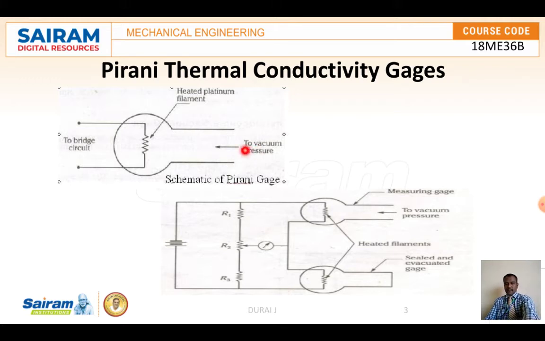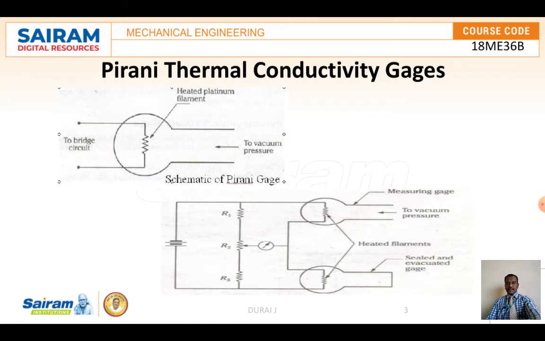Whenever the vacuum pressure is supplied, the temperature varies accordingly, which means the heat passing from the filament differs. By measuring that value, we get to know the pressure of this particular channel. In a simple way you can describe the Pirani thermal conductivity gauge like this.